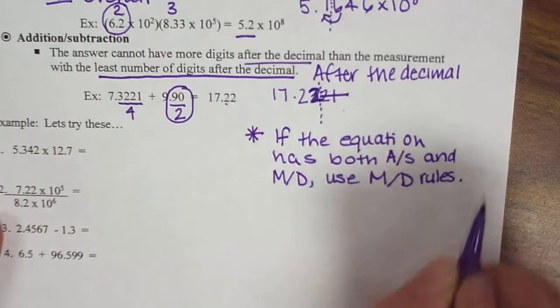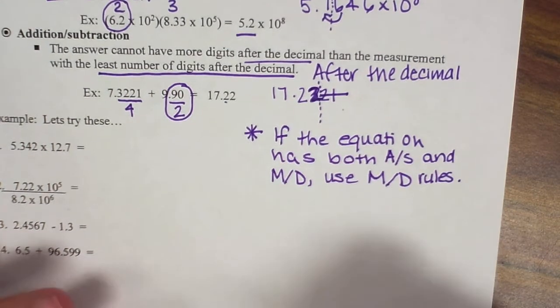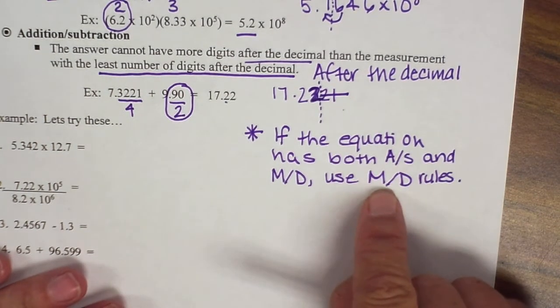Now, almost all of our problems in this class will have addition and subtraction and multiplication and division. And therefore, we will almost always only be using multiplication and division rules.